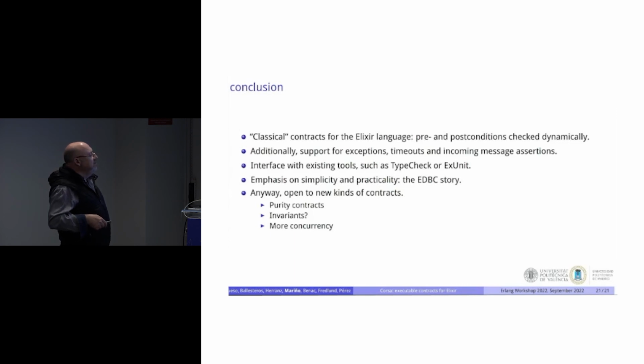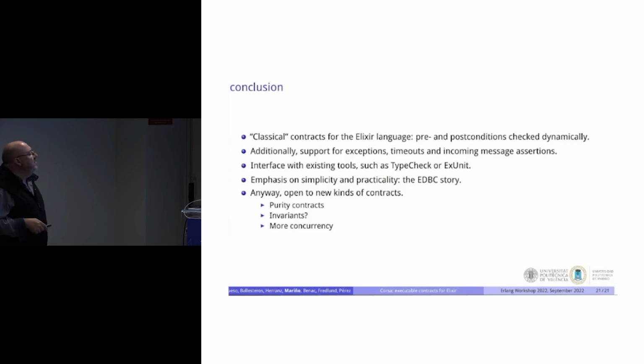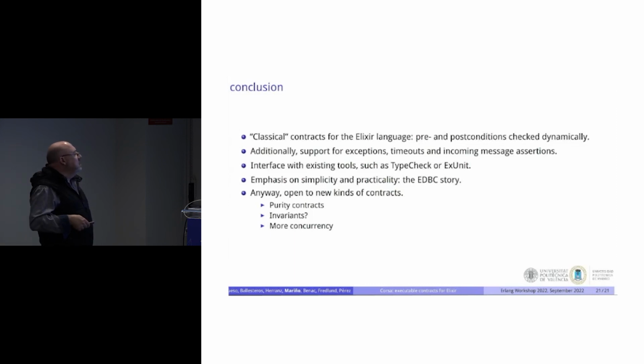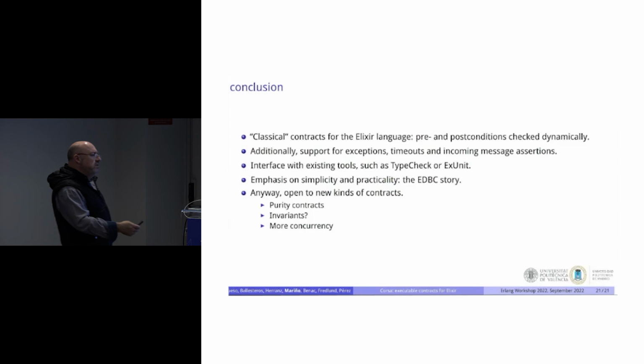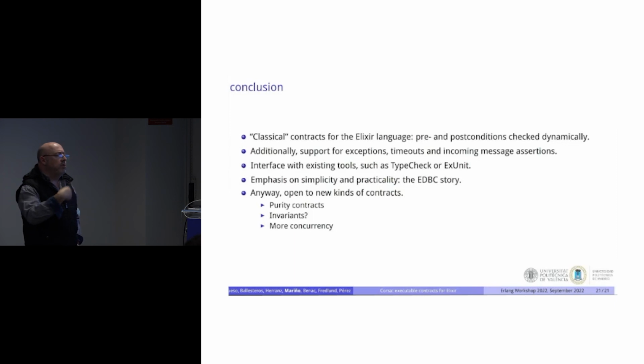Another question is invariance. It's not clear whether or how we need invariance in a functional language. Of course, if you look at invariance in languages like Dafny, they're used in the imperative part of Dafny for loops. Or sometimes you reason about invariance when you have state in an abstract data type or an object.